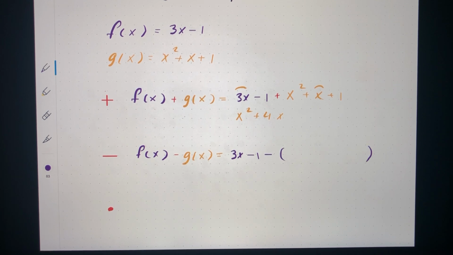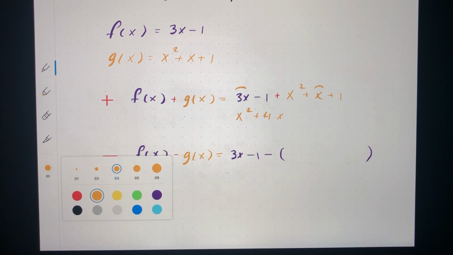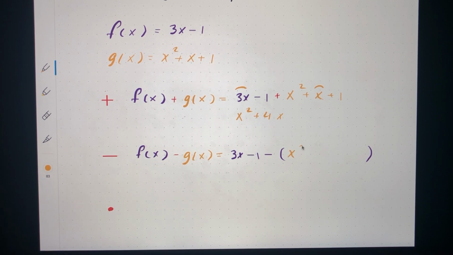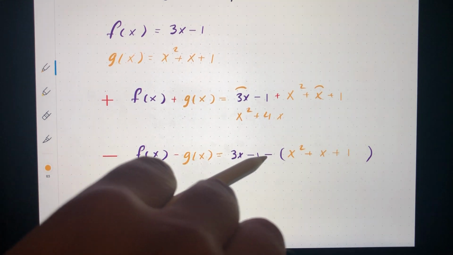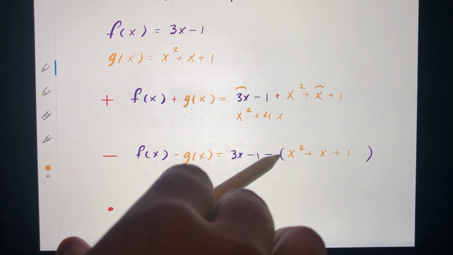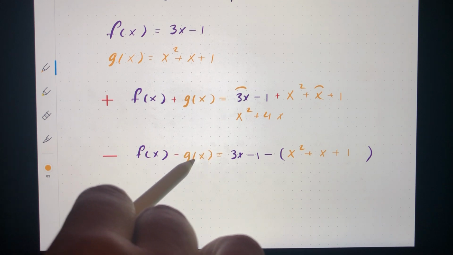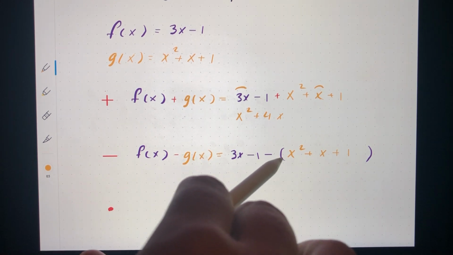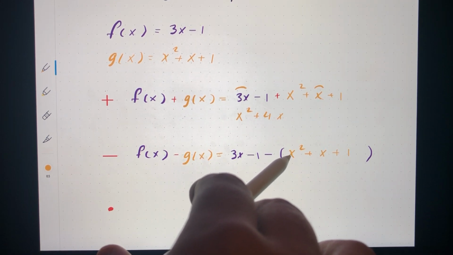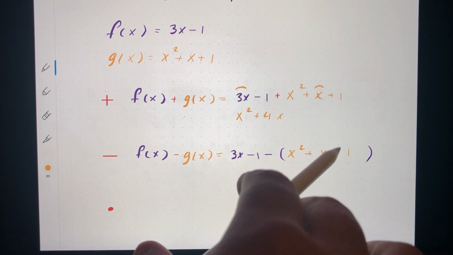So it makes it easier to keep track of signs if we put the g of x inside the parentheses and put minus in front of the whole thing. That way we'll remember that that minus belongs to everything inside the g of x, and we won't make a mistake of only switching the sign of the x squared and leaving these two unchanged.